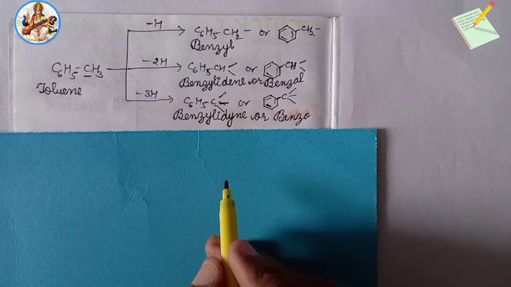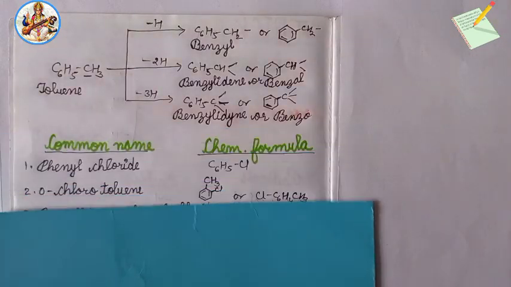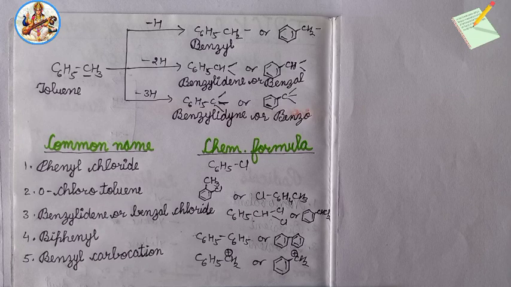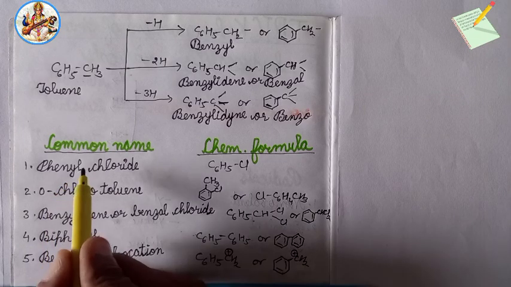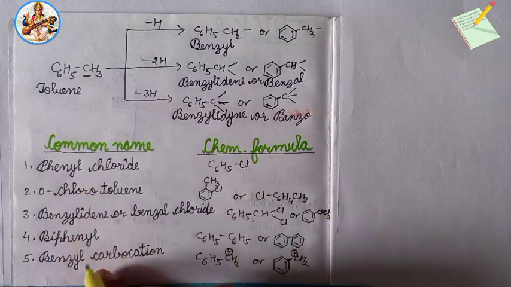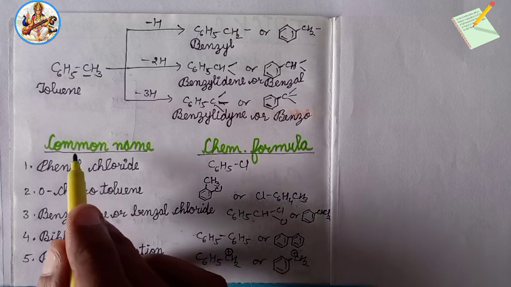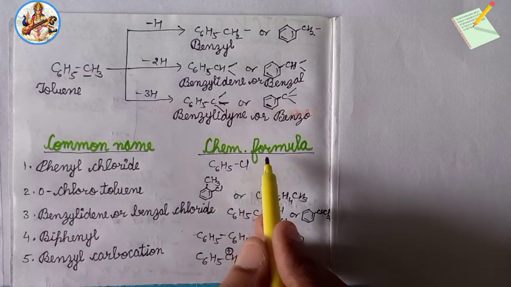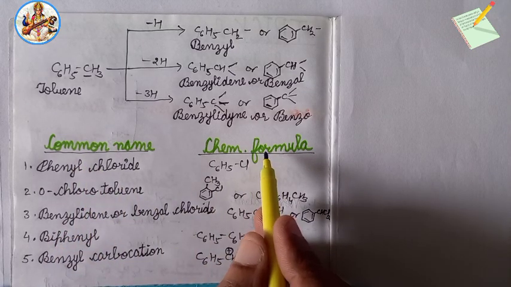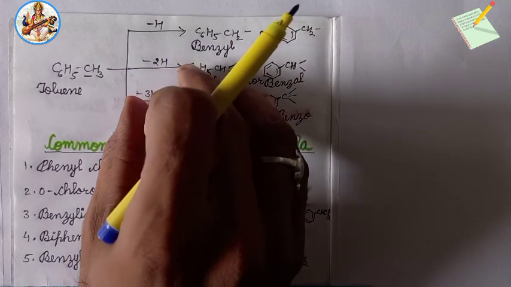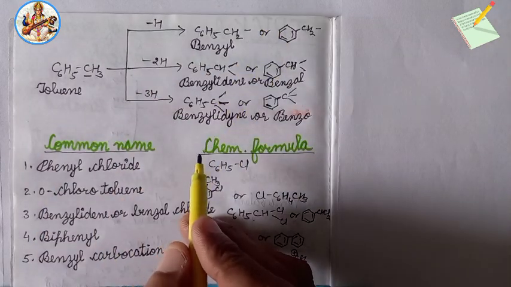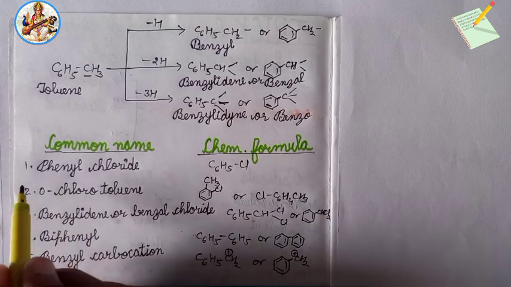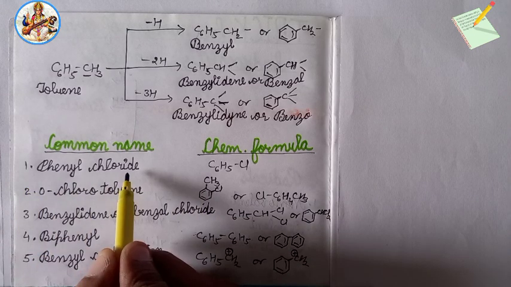For example, these are some organic compounds, their common names and chemical formulas, which are related to proper knowledge of aromatic hydrocarbon radicals. Example first, phenyl chloride.